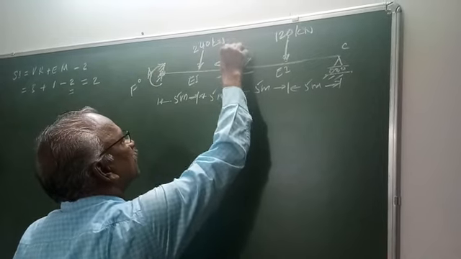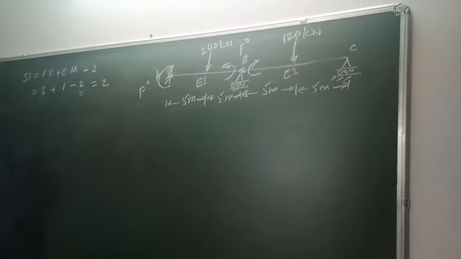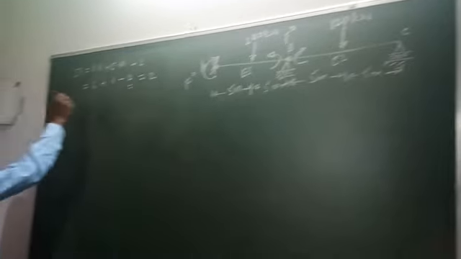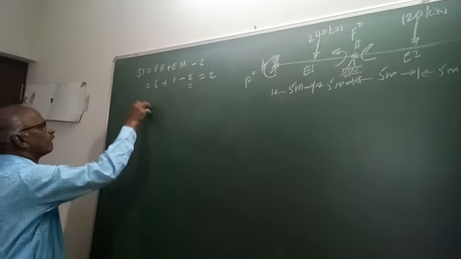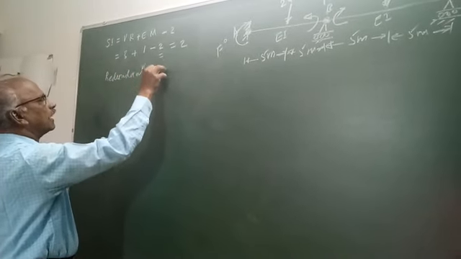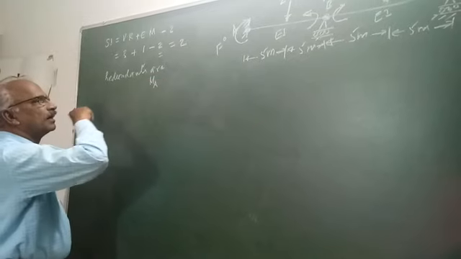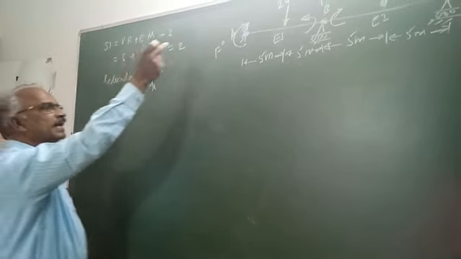So this is again F0. Number we will fix later. So the redundants are MA, and we are introducing hinge here.